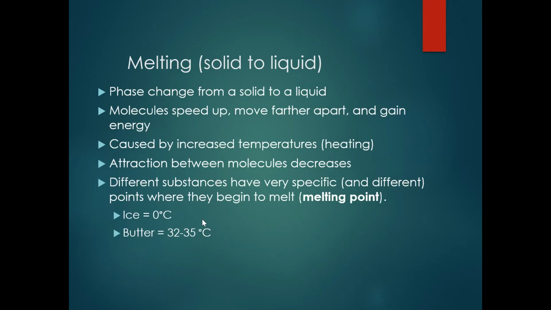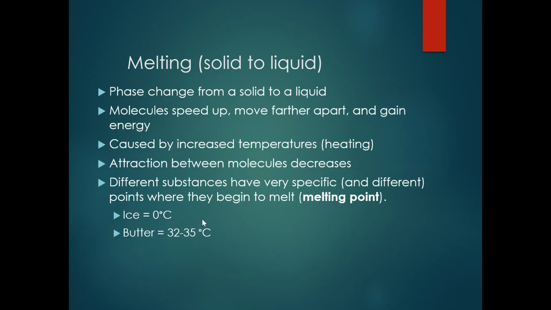Melting. That's when you go from a solid to a liquid. Again, like I said, this is going to be a lot of review here, but we're going to use a different type of language here. So when you go from a solid to a liquid, that's melting. What's happening there is the solid molecules are moving faster to become the liquid molecules.